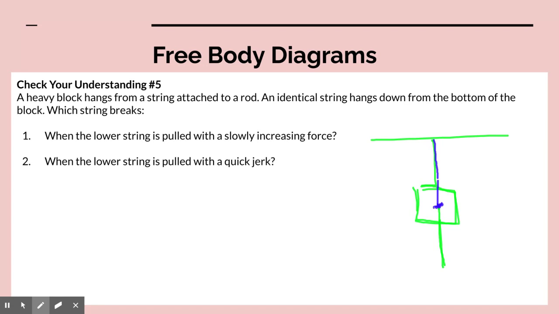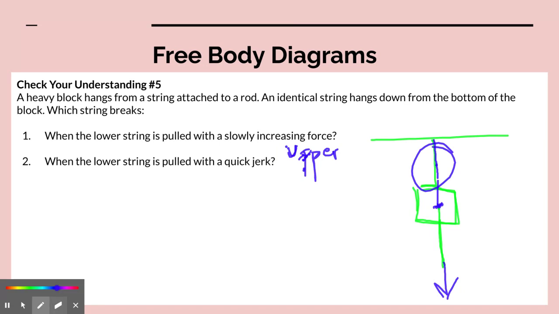Hopefully we would understand that in this first scenario, it's going to be blue. It's going to be the upper string. Because you're applying a greater amount of force in this direction on this heavy object that's going to at some point break this one up here. Now, that we can just think of in our heads for the most part and not too difficult.